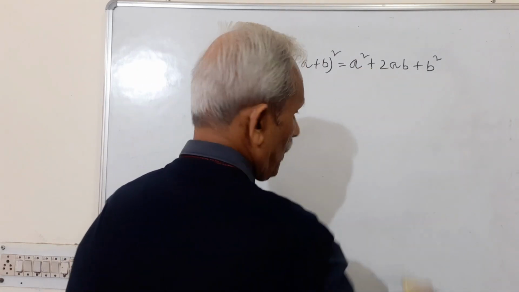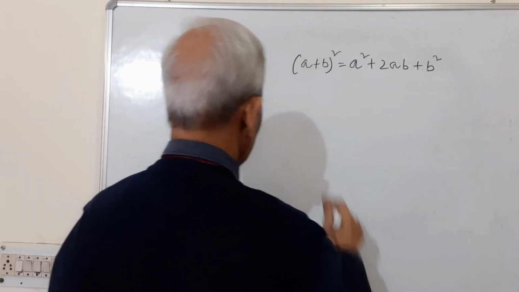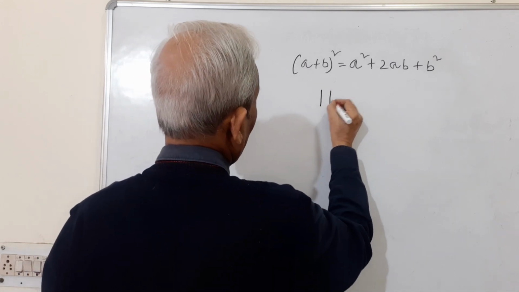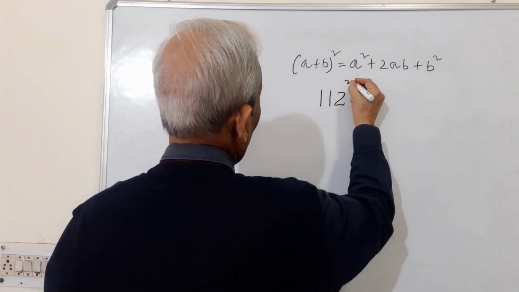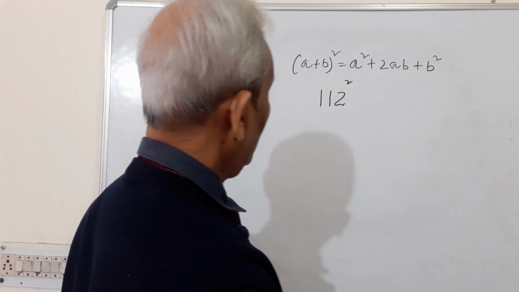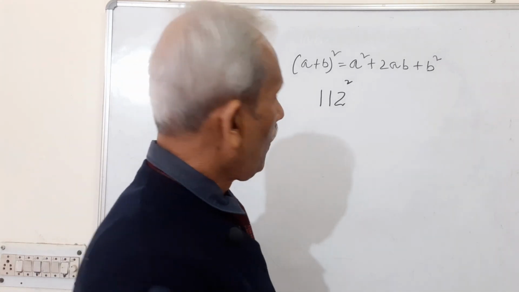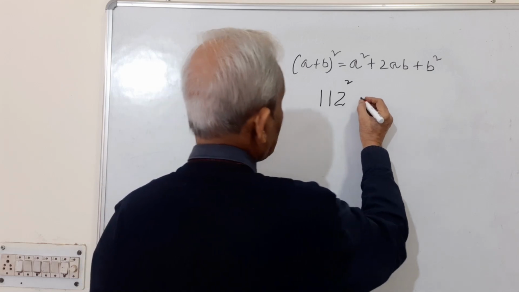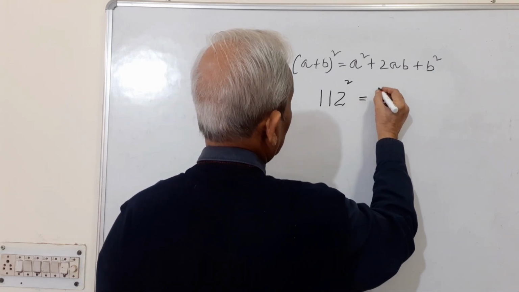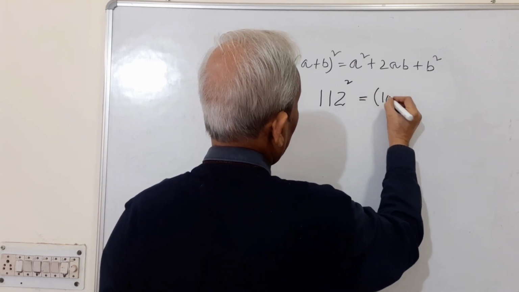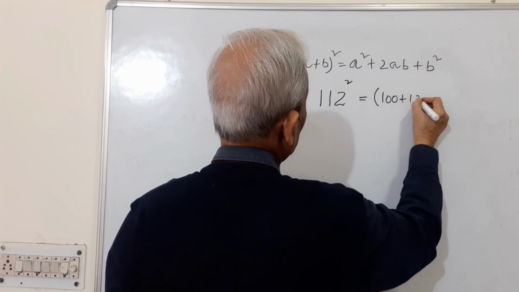Well, let's do the next problem. 112 square. Well, here there are two things you have to remember. This can be written as 100 plus 12 whole square.